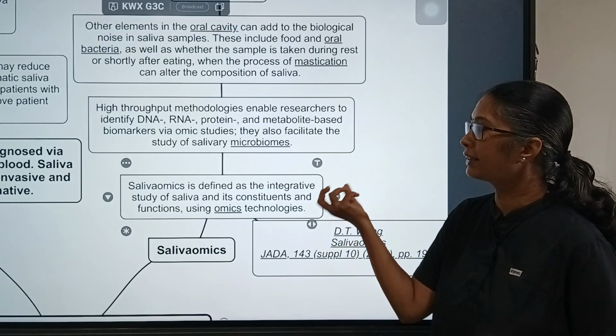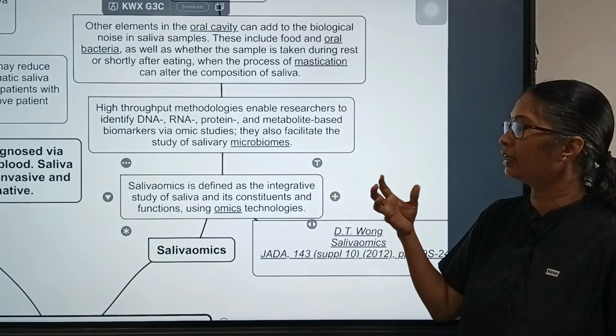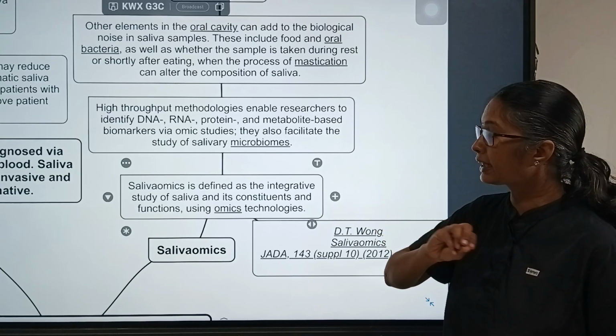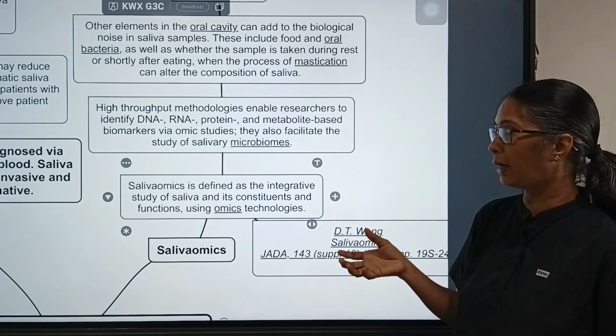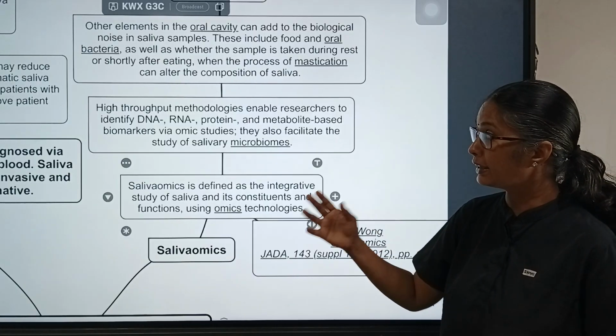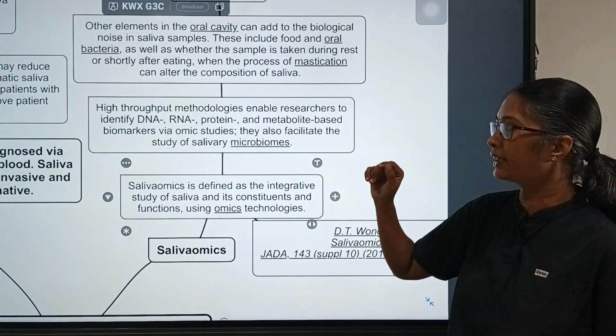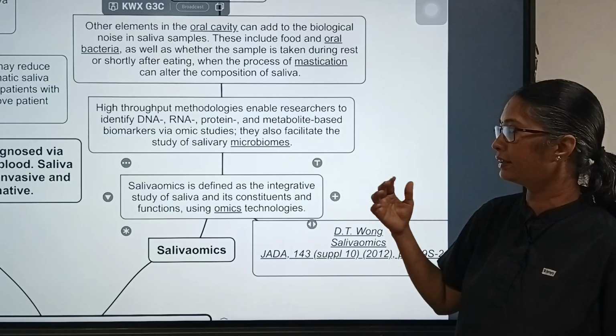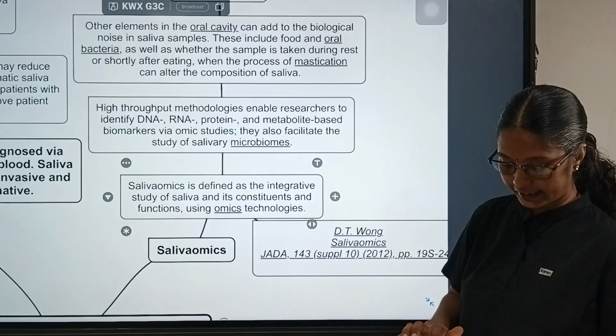It is a technique which uses robotics or other high methodologies to screen large number of samples simultaneously. So they can screen large number of samples simultaneously for all these omics studies. So in that way we can get large number of data, compare those and then decide, make a data set.